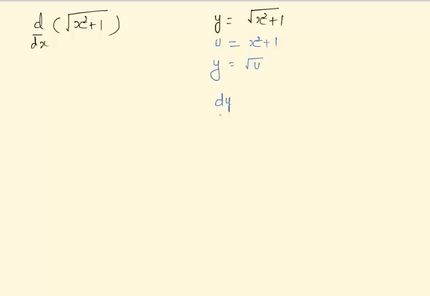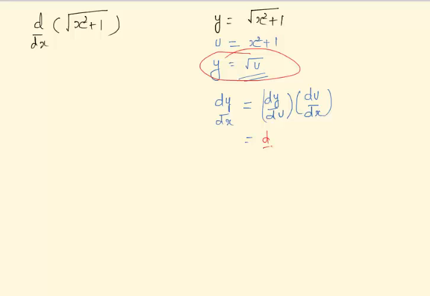Now dy by dx by the application of chain rule can be written as dy by du, where you will put y in terms of u, into du by dx. It's pretty straightforward now. Y as a function of u appears here.